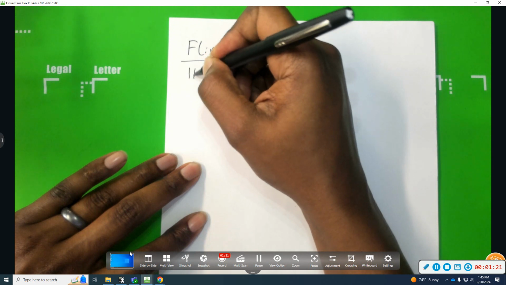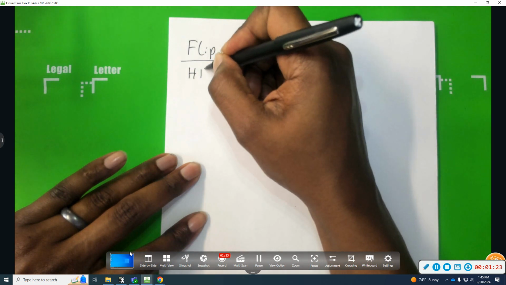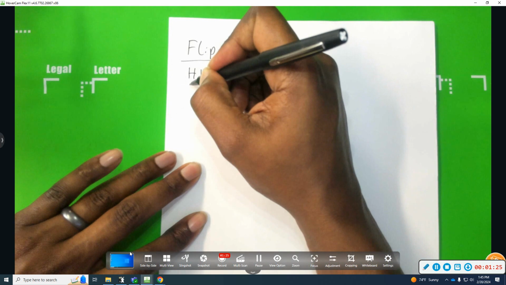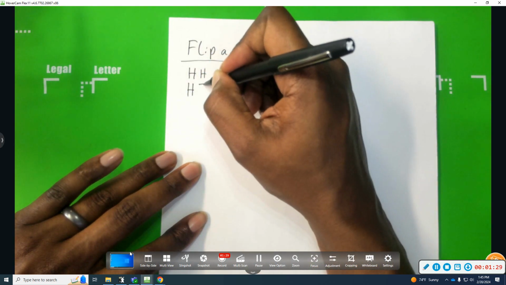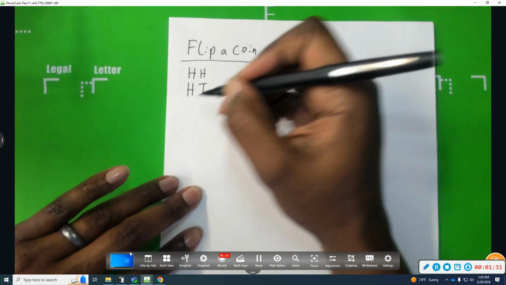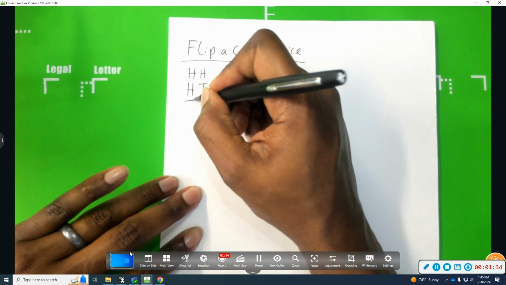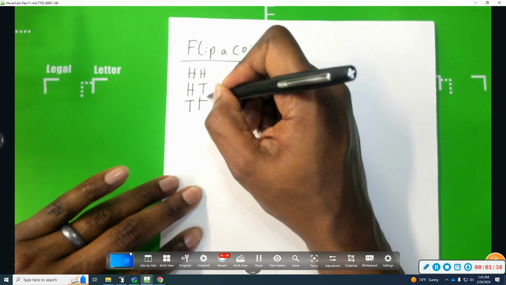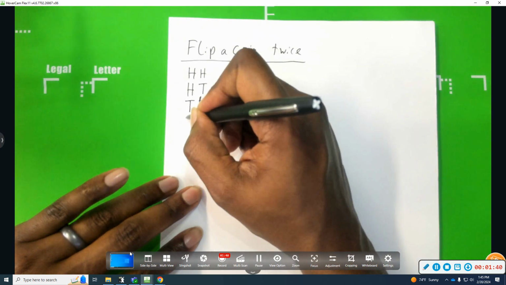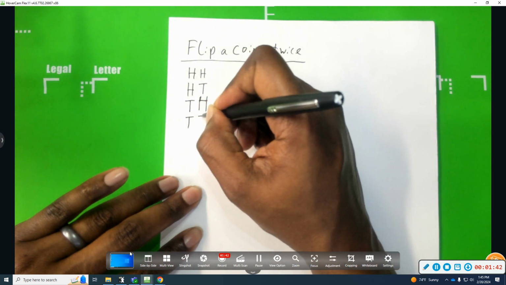Both coins can land on heads. The first one can land on heads and the second one can land on tails. Consequently, the first one can land on tails and then the second one land on heads, or they can both land on tails.